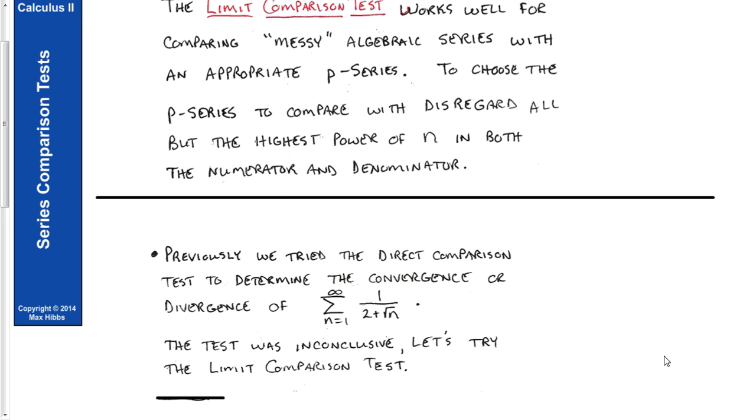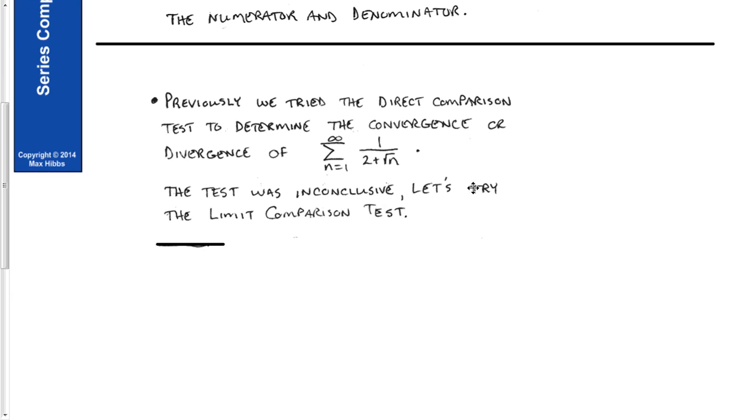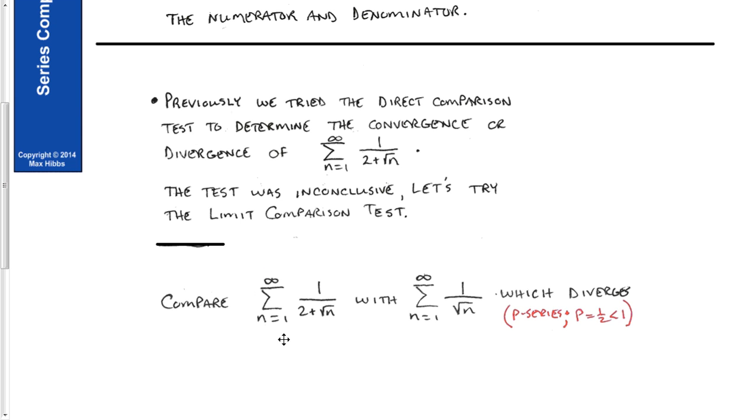Well, if we use the limit comparison test, this is certainly a messy algebraic expression. And so we'll make a decision here: we're going to compare it with an appropriately chosen p-series. We look at the highest power. Now, we can't have nothing in the numerator, and since there's no n's, the only thing we're going to have in the numerator is a 1.